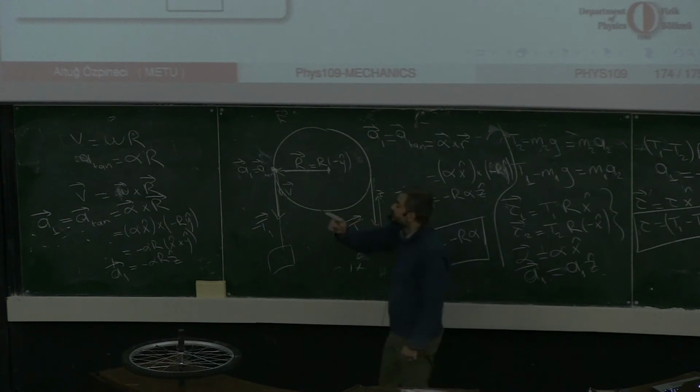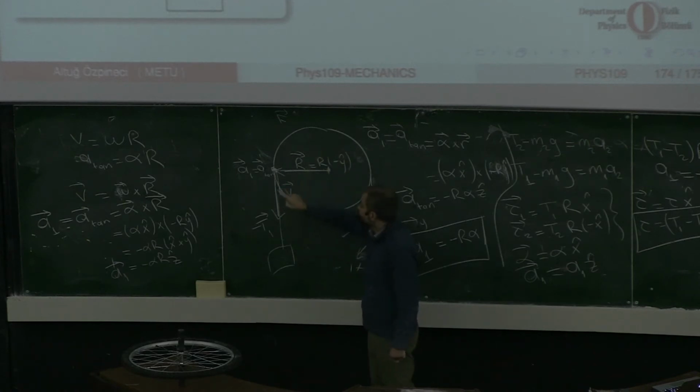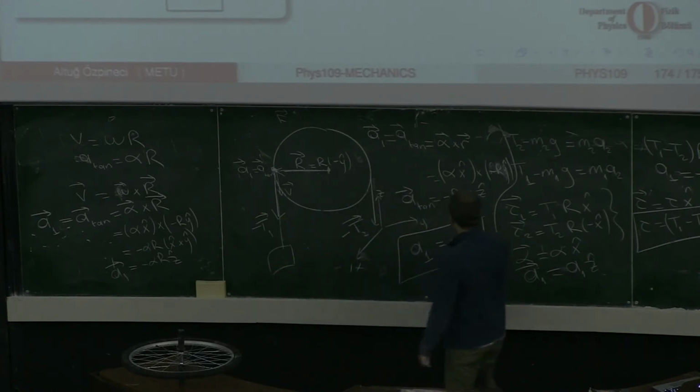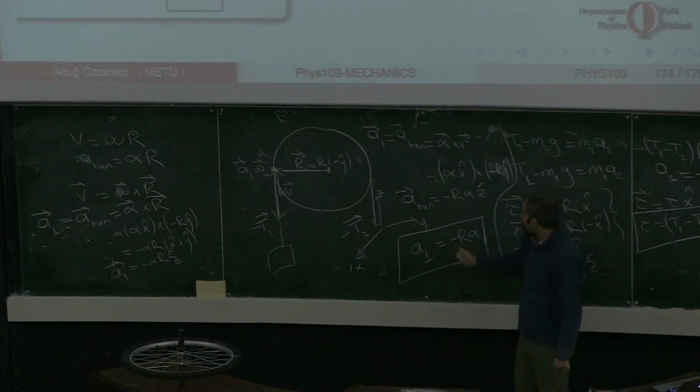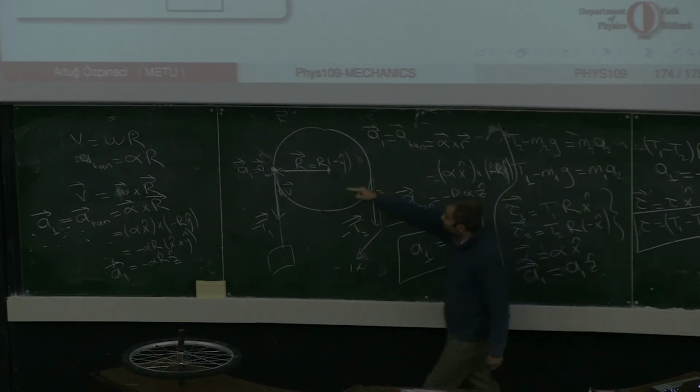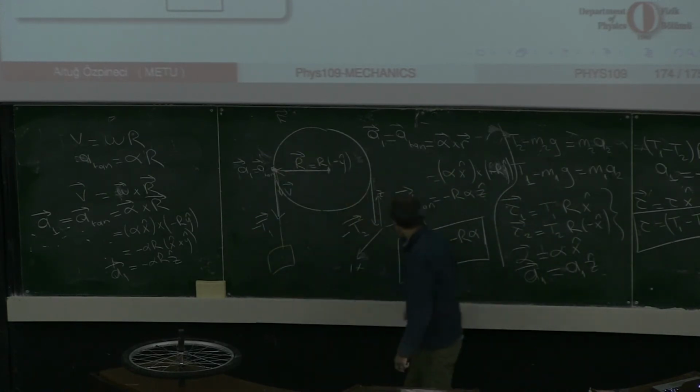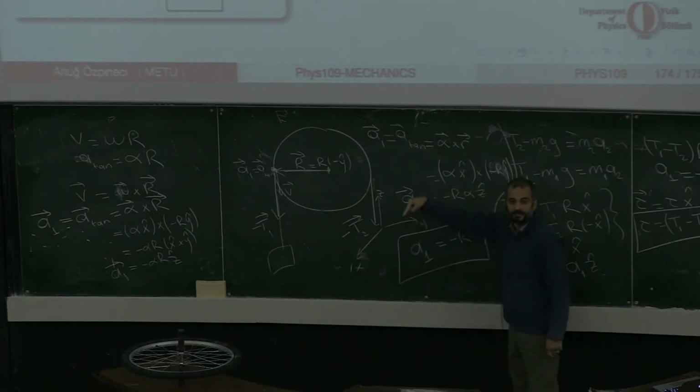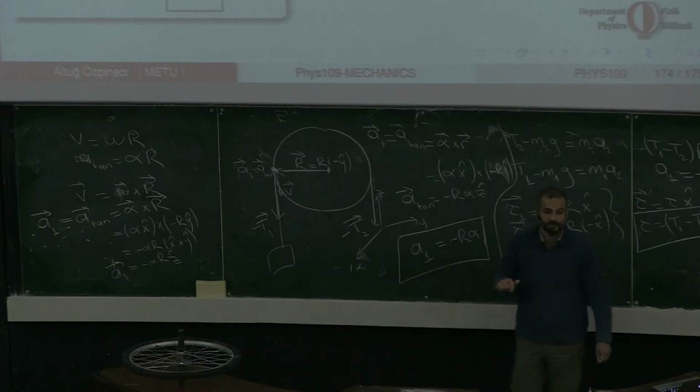So alpha is positive. If it is rotating like this, it starts to rotate faster and faster. So this point should have a downward acceleration if alpha is positive. But a1 is pointing up. If alpha is positive, since that point is accelerating downward, a1 should be negative. Alpha r is positive if alpha is positive, so you should put this minus sign to make sure that a1 is negative if alpha is positive.